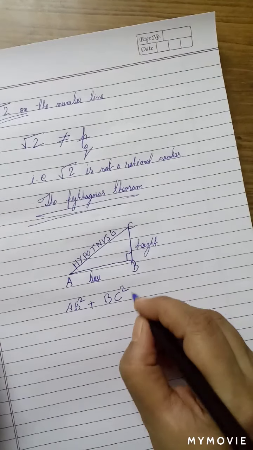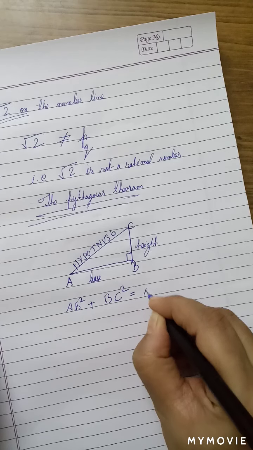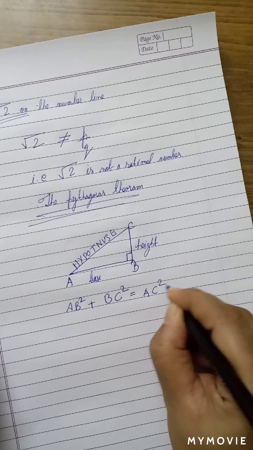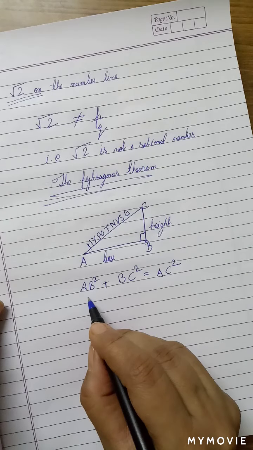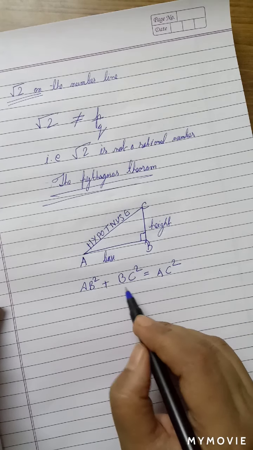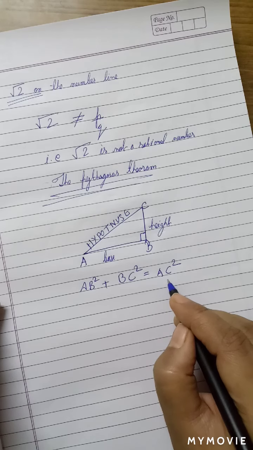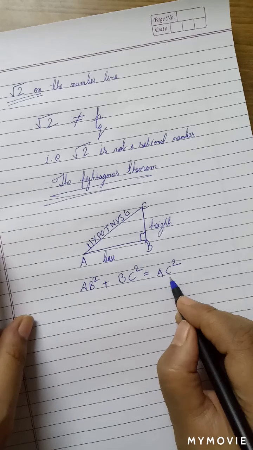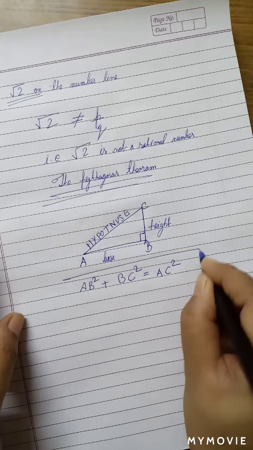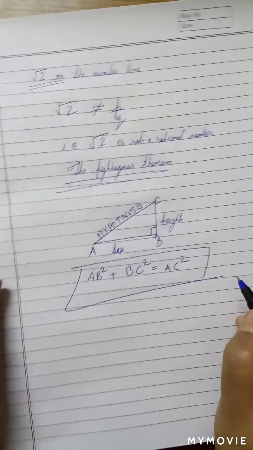So here AC is the hypotenuse. So we have AB square, which is the base, plus BC square, which is the altitude, is equal to hypotenuse square, which is AC square. So here, this is what the Pythagoras theorem says.